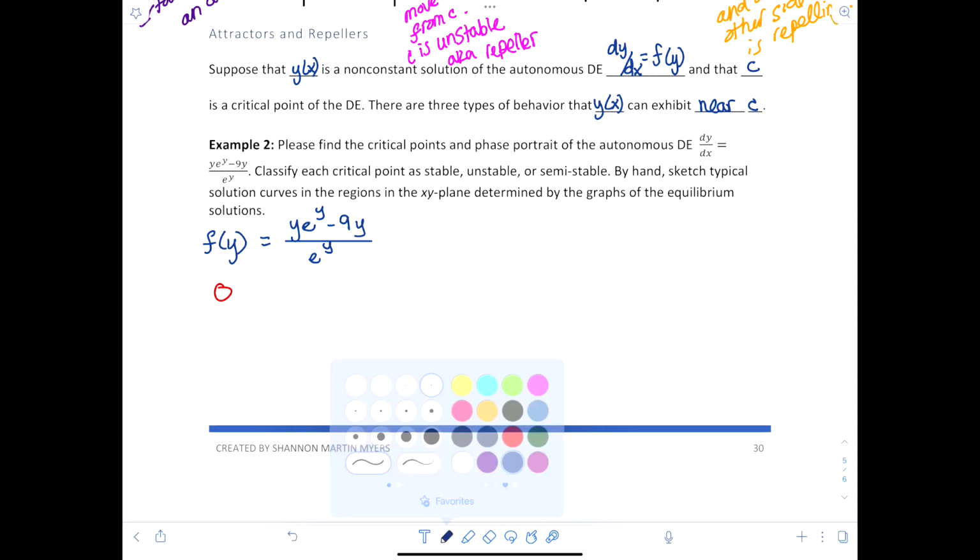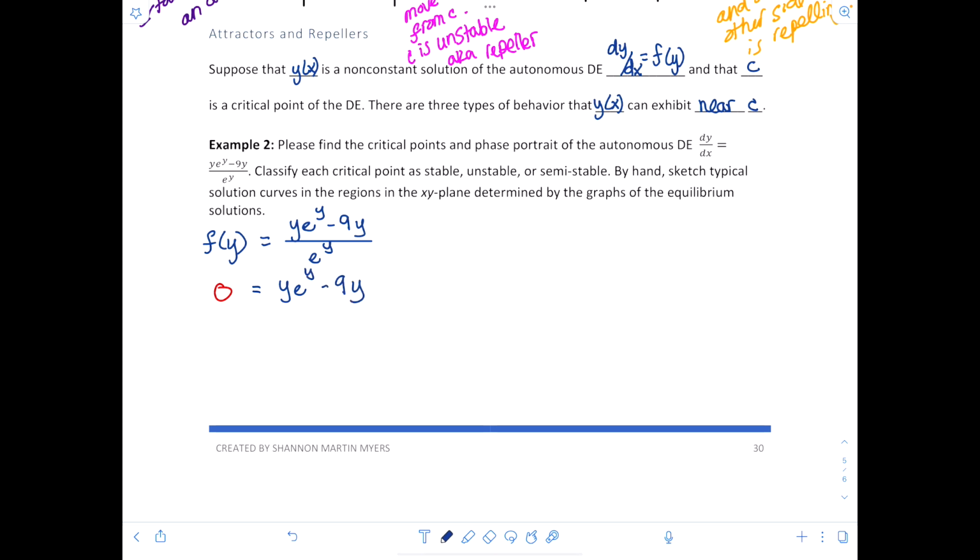So to find the zeros of this, you set it equal to 0. e^y is never 0. And when we multiply e^y times 0 to clear the fraction, it just zeroes out. So we still get 0 equals y e^y minus 9y.